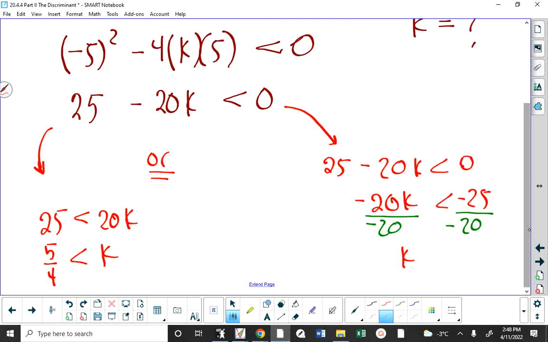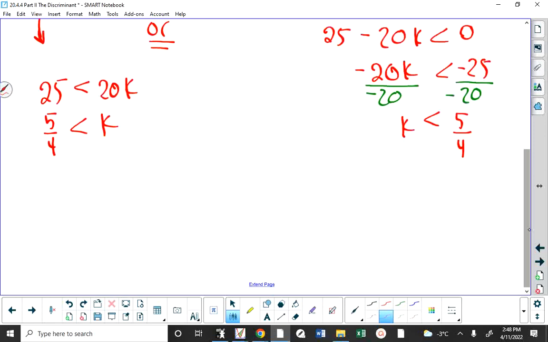Sorry. And get k is less than 5 over 4. Okay? Now, if you've been writing that down, you're going to have to erase some of it because some of it's wrong. The first thing I want to talk about is what does this mean here? What it means is k is greater than 5/4.